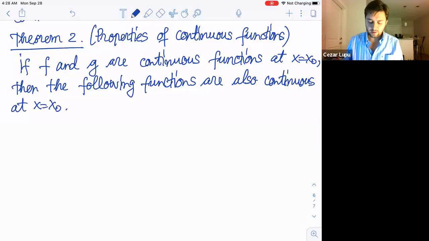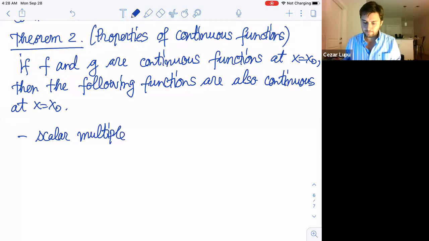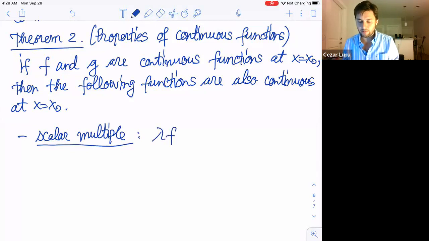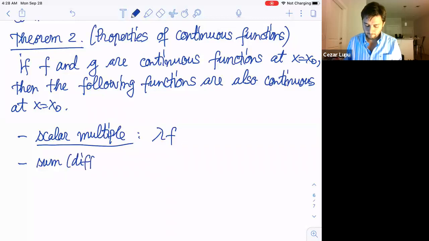And we would like to see what kind of functions. Well, the first one, let's say, is a scalar multiple, which is basically for any constant, let's say, lambda. So these are the scalar multiples, right? Then we have the sum and difference, which is also a continuous function.